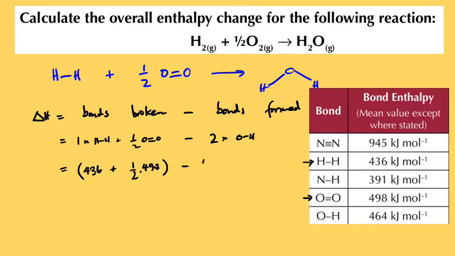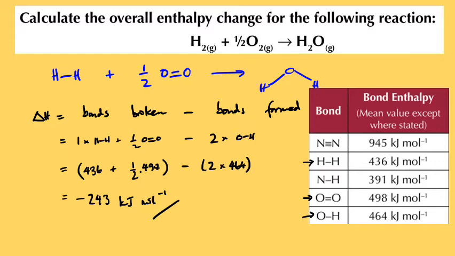And we're going to subtract from that 2 times our oxygen hydrogen bond, so 2 times 464. Okay, and so when we multiply those out, we're going to get minus 243 kilojoules per mole. An exothermic reaction to the tune of 243 kilojoules per mole, which is our answer.